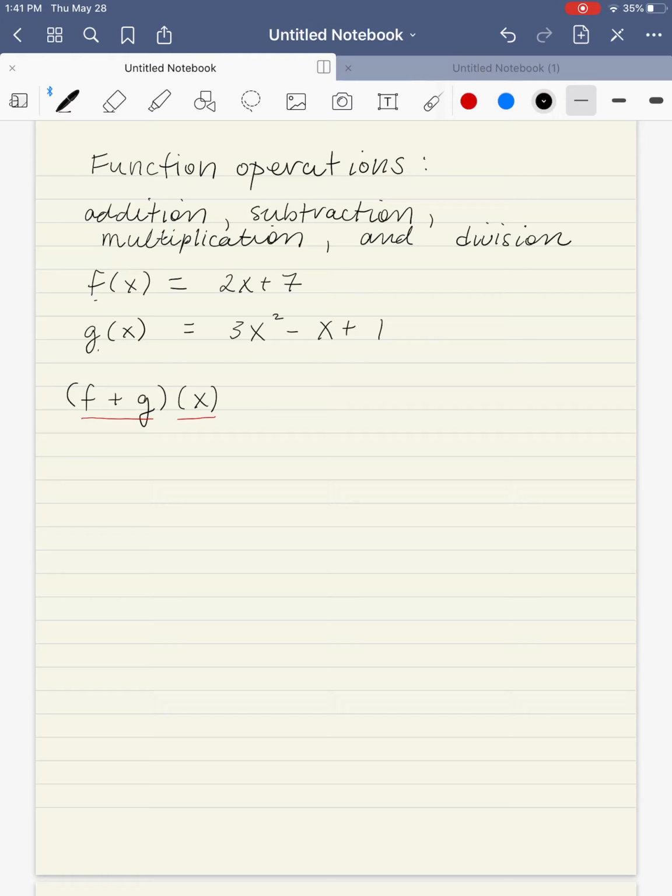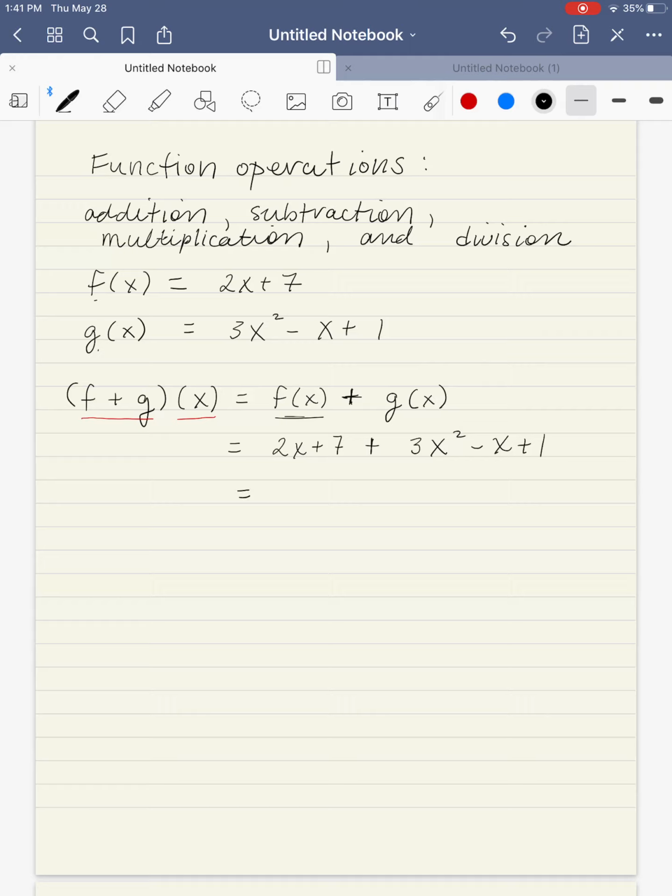If I wanted to find that function, f plus g of x, I would just add f of x plus g of x. So I would take what f of x does, which is 2x plus 7, plus what g of x is, 3x squared minus x plus 1.